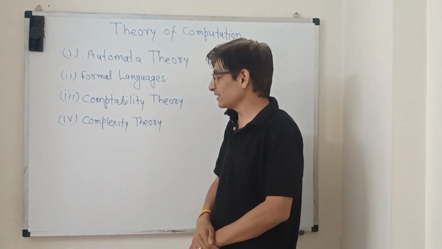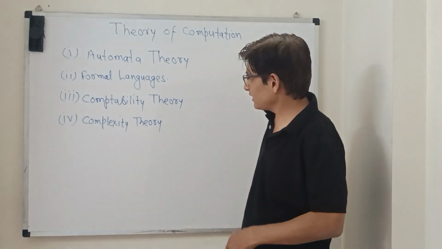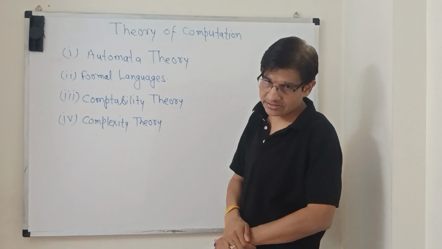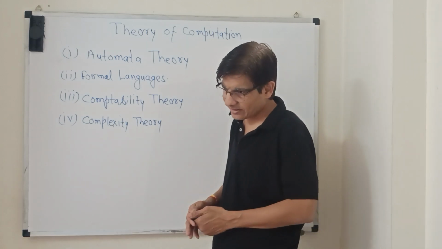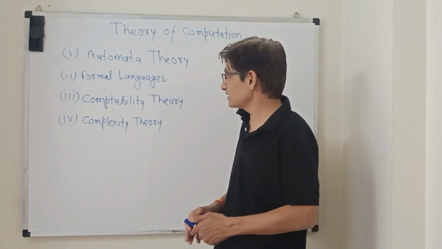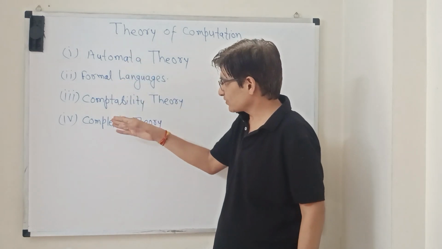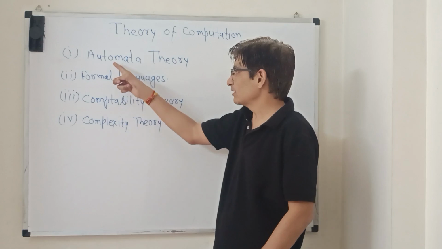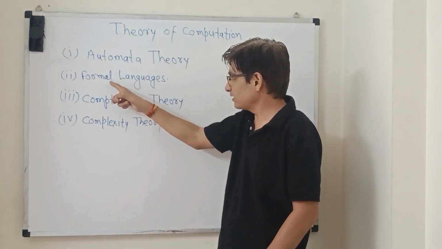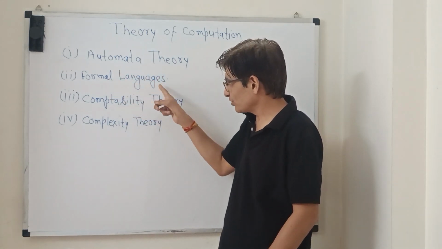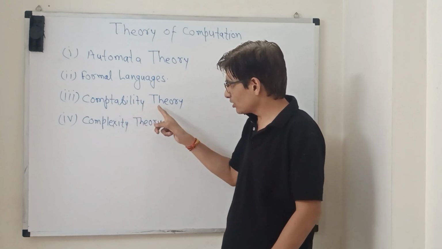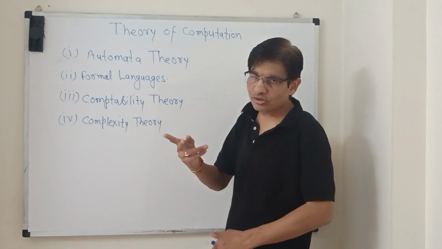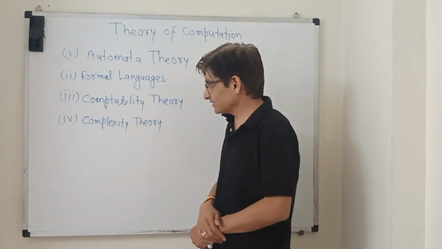First is automata theory. Let me clarify one thing. In any university syllabus, in most Indian universities or foreign universities, they take some topics from these four areas, and mostly they cover the automata theory part, then some more topics from formal languages, and one or two topics from computability theory, and one or two topics from complexity theory.